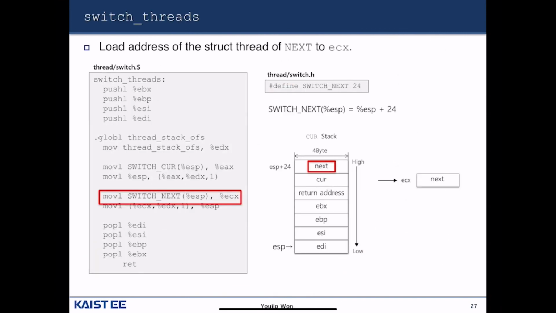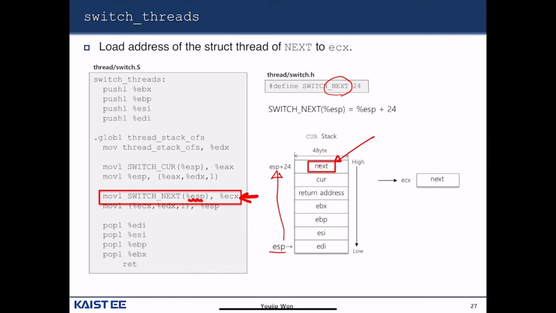If you look at the data structure, the first step to identify the location of the next thread structure is this instruction. From the stack top pointer, it goes up by 24 bytes. This is the location of the next thread structure, and it contains the address of the thread structure of the next thread to run. That has been supplied by the caller to switch_threads.